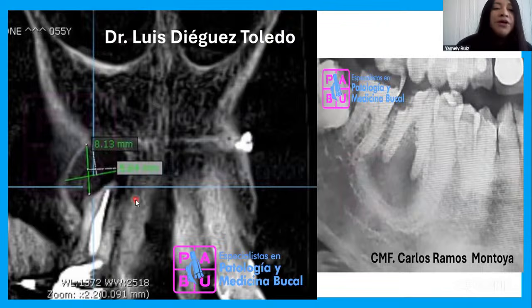So this is very important to remember. In these two cases, one is the periapical cyst, that was this one, and the bigger one that you see in the tomography is the periapical granuloma. But the only way to know which is which is by biopsy. This is a very important point to remember.